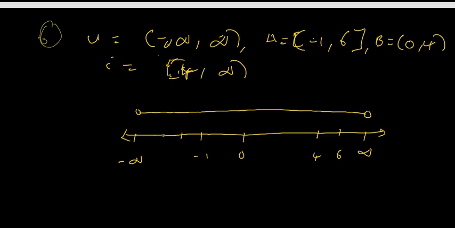So from here we can see that A is from -1 to 6. This is the universe. Here 6 is included. That is set A. Then set B, we can clearly say it is from 0 to 4, where both 0 and 4 are not included.